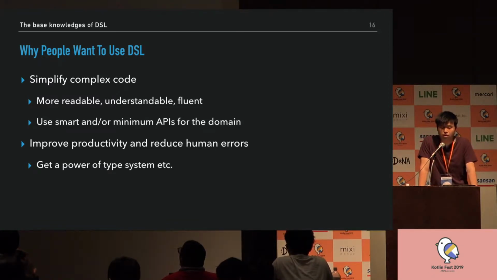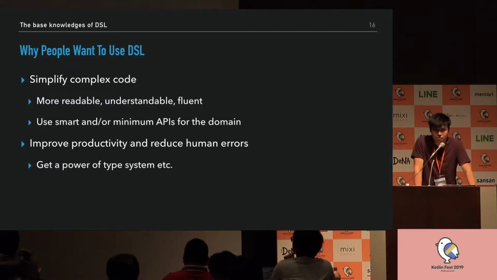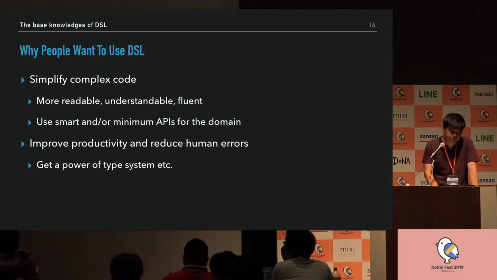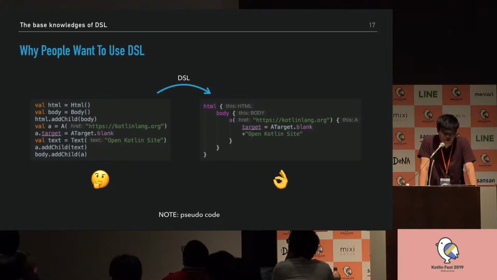DSL would be our help when we would like to improve productivity and or reduce human errors. For example, if a domain does not have tools like any type checker, DSL's type system will help us. The left figure shows code to build HTML DOM tree, but it's terrible.